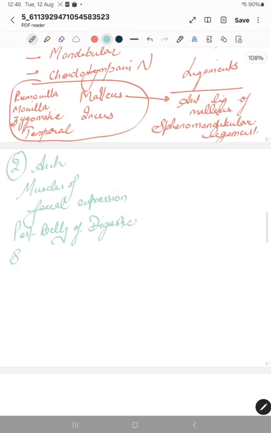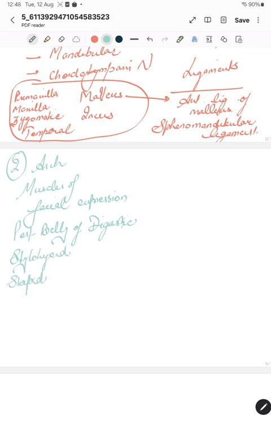Then we have stylohyoid and stapedius. So these are the muscles. Then the nerve is the facial nerve, that is the seventh nerve.